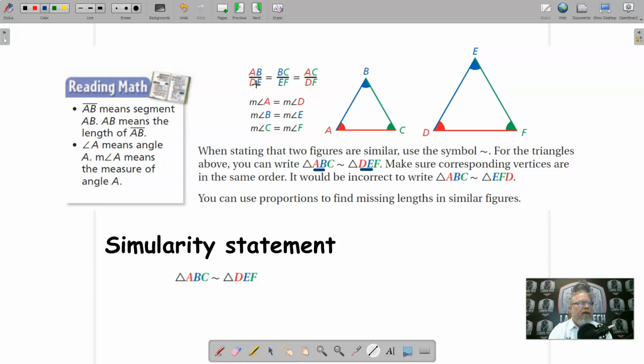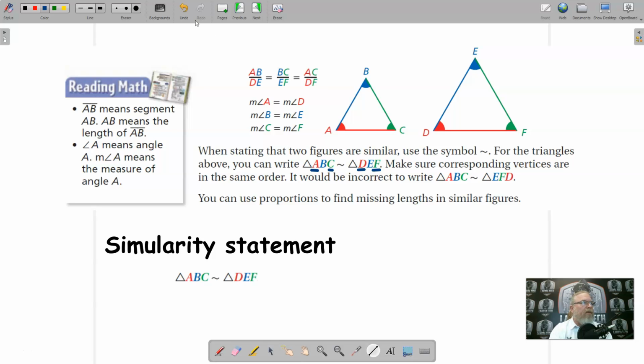So AB is to DE as, and then let's look at the next ones. BC and EF is our second ratio. And then finally, the last two, we're looking at AC, the first and the last, along with DF. And we see that here, DF.